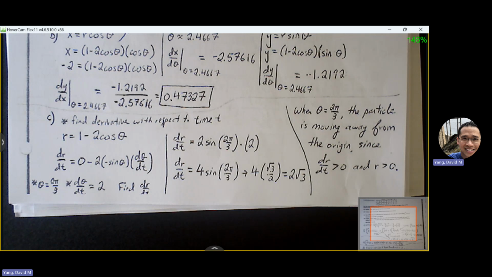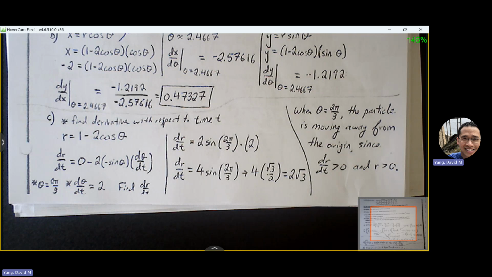Now this is a positive rate. 2 root 3 is the rate at which the radius is changing with respect to time. So radius is increasing by 2 root 3 when theta is equal to 2 pi over 3. So when theta equals 2 pi over 3, the particle is moving away from the origin since my radius is greater than 0 and my dr dt is greater than 0.